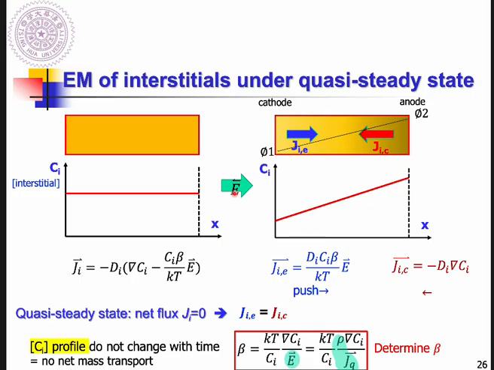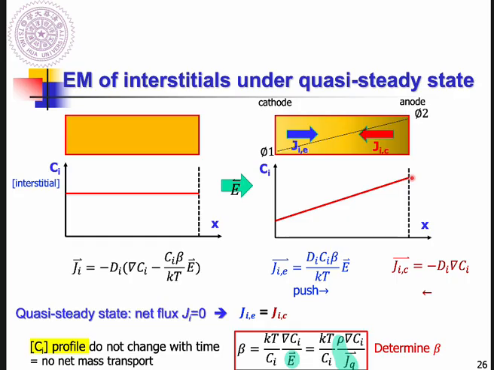So people usually start from the lowest one and slowly increase the electrical field to check whether the system goes to quasi steady state or not. So starting from the lowest electrical field, wait for 3 different time points to check whether the concentration profile changes or not.